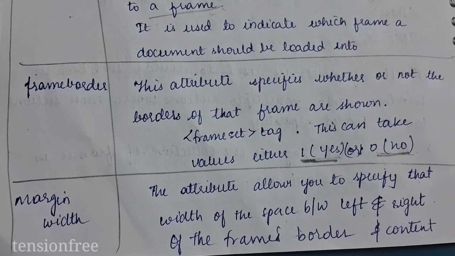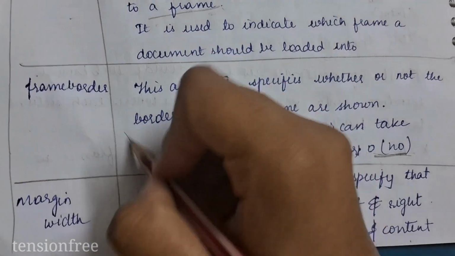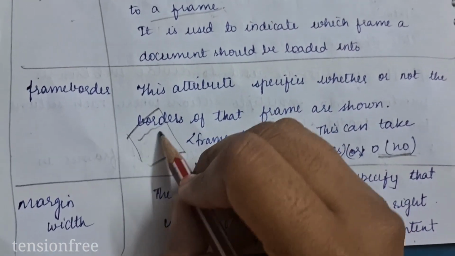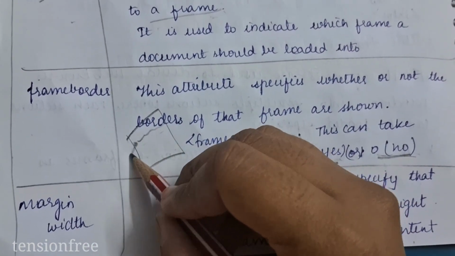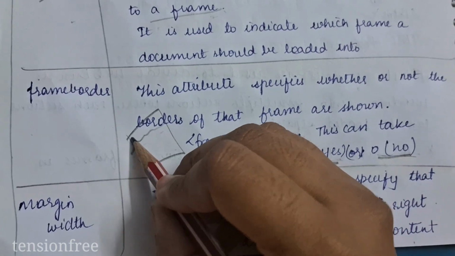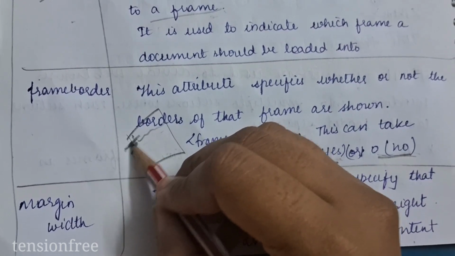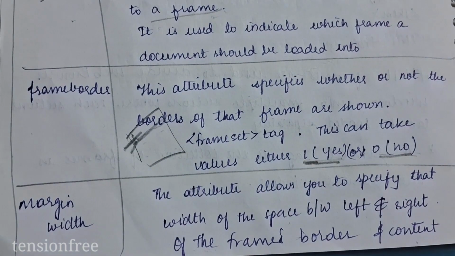It allows you to specify the width of the space, from left to right, between the border and the content. It defines the width between the body and the content.